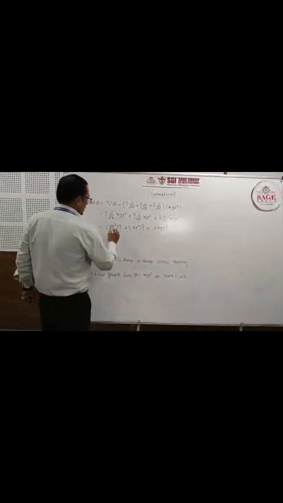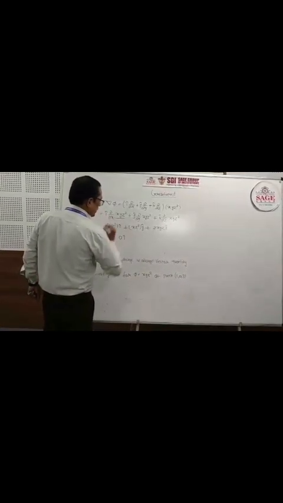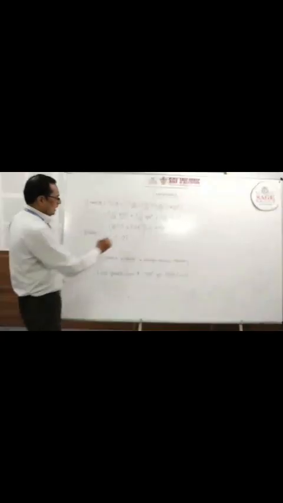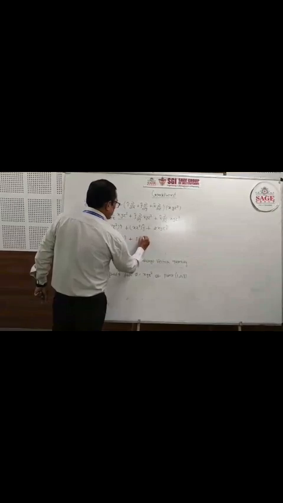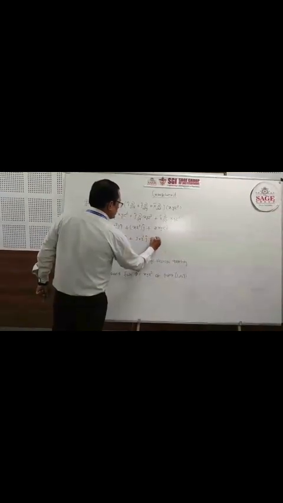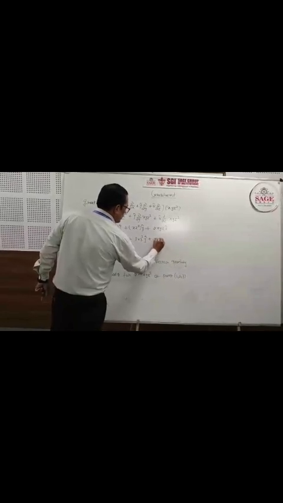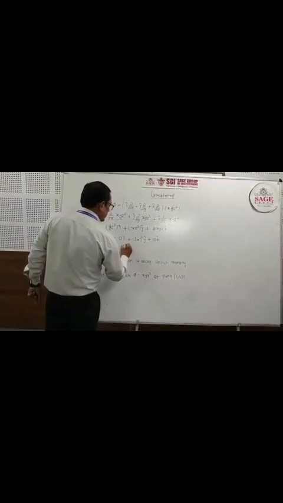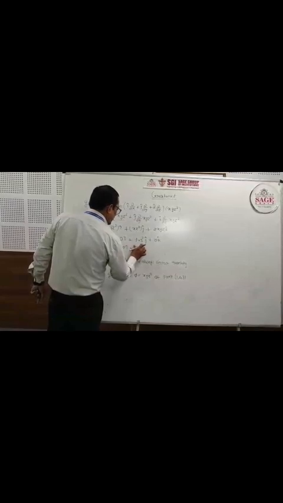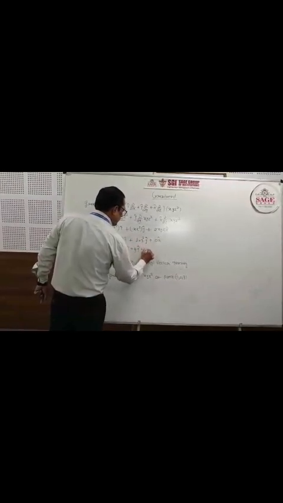So y is 0, therefore the whole first term is 0, giving 0 i. Then this gives 1 into 3 square j, plus 2xyz where y is 0, so the whole term is 0. So finally we get the resultant 0i + 9j + 0k.